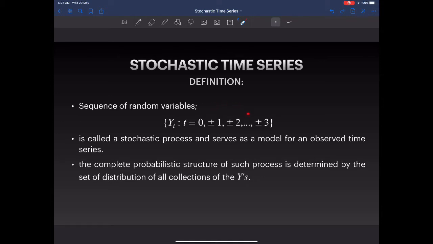We define these observations as a sequence of random variables. Since we are discussing the probabilistic term, now we have to determine the distribution of our random variables.